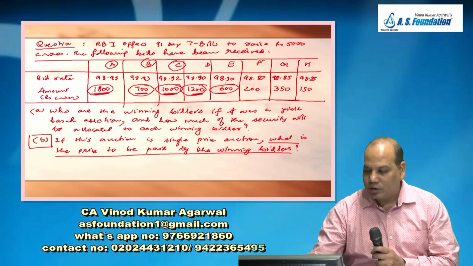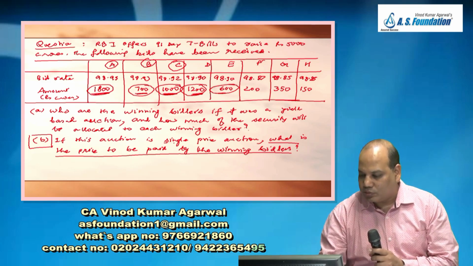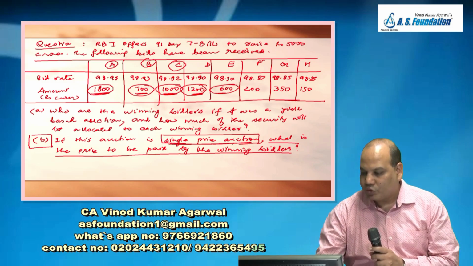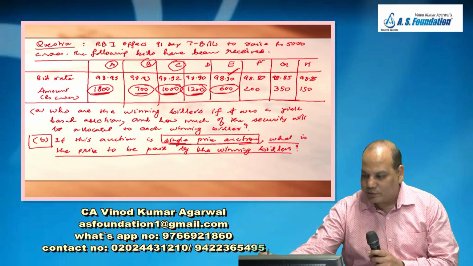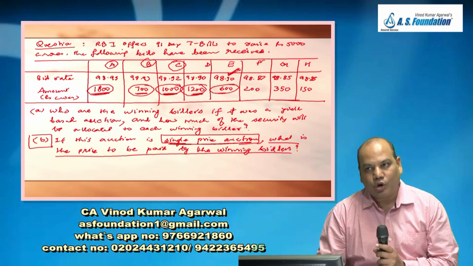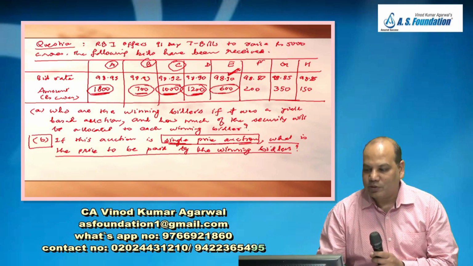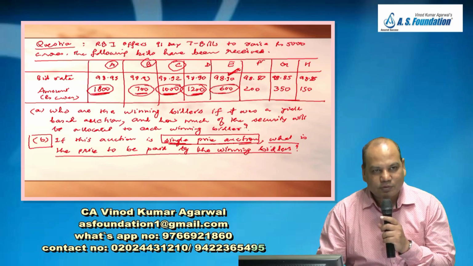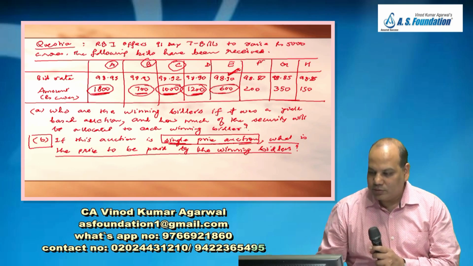So now if you want to issue the treasury bill at single price, you have to take that cutoff price which will satisfy all the bidders, and RBI is able to raise rupees 5000 crore. So just you have to write one line.